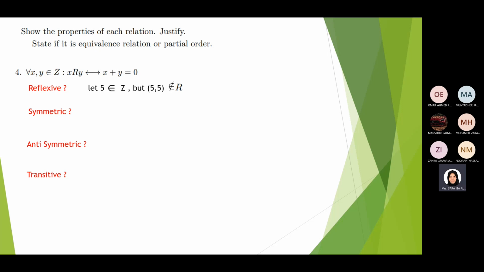Is it symmetric? The relation is x plus y equals 0. So I am assuming A plus B equals 0, and I have to show that B plus A equals 0. Is that true or false? Yes. If A plus B equals 0, which is from my assumption, it's true, because summation is a commutative operation, so I can say that A plus B is equal to B plus A. I just swap them, and it's equal to 0.